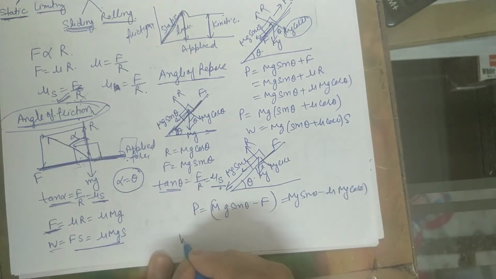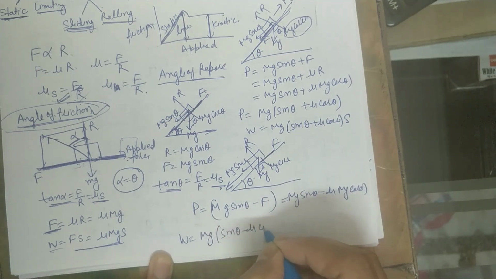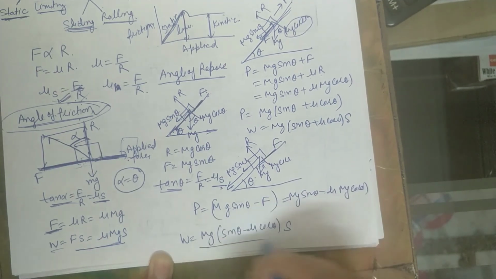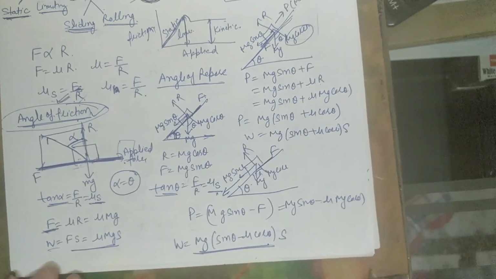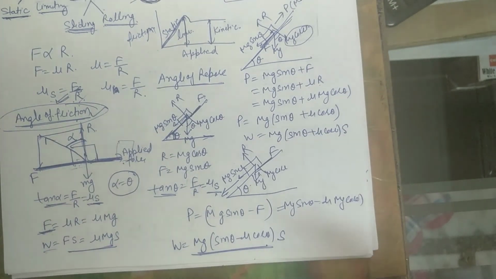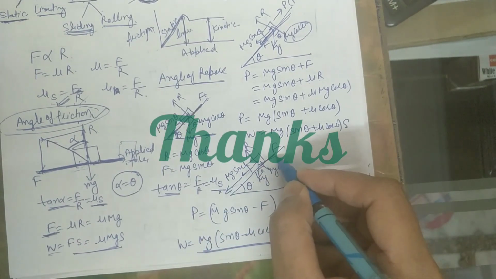And the work done is mg sin theta minus mu cos theta into s. This is the work done when the body is moving downward, and the friction is up. Okay, thank you.